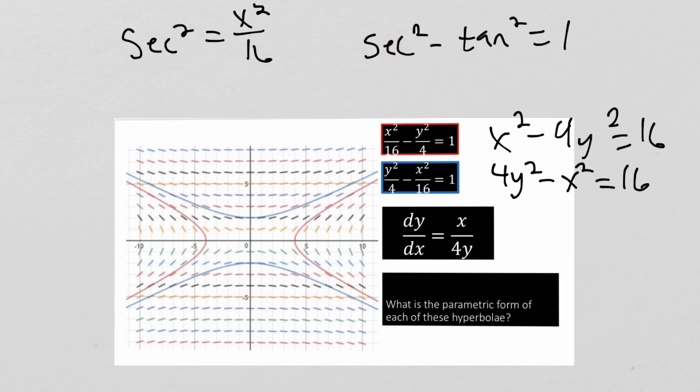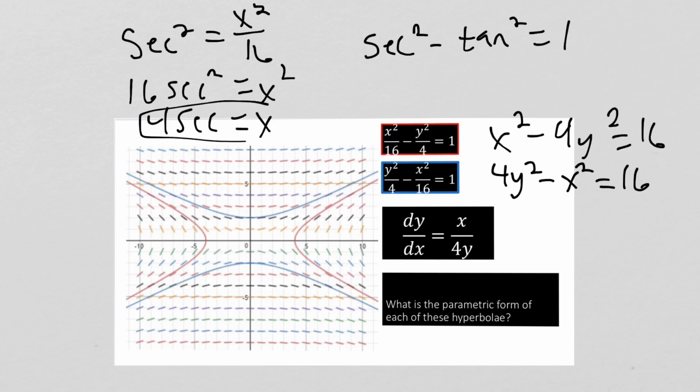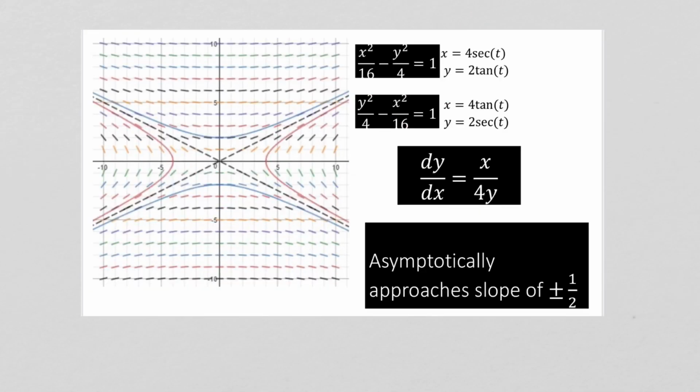Secant squared goes here, tangent squared goes here. Then if I solve for x, I get 16 secant squared equals x squared. And if I square root both sides, I get 4 secant equals x. That's how I can determine what x is, and I can do the same thing for y and tangent squared. So I get x is 4 secant, y is 2 tangent, or x is 4 tangent, y is 2 secant.